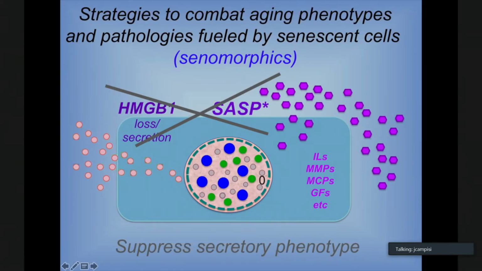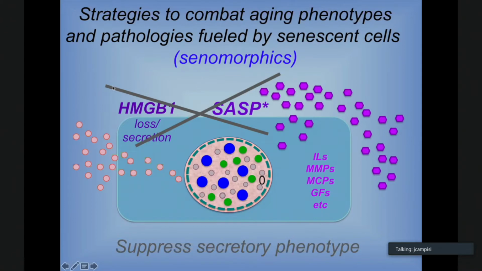And this is the class of drugs that have been termed xenomorphics. They do work. We have used some of them, and a number of other labs have developed other xenomorphics that they've tested on various phenotypes. There is a problem with this approach, though, and that is the targets.